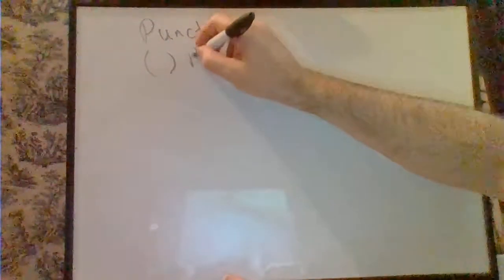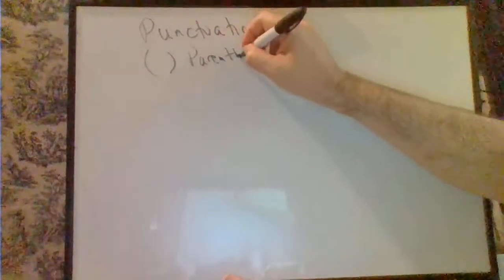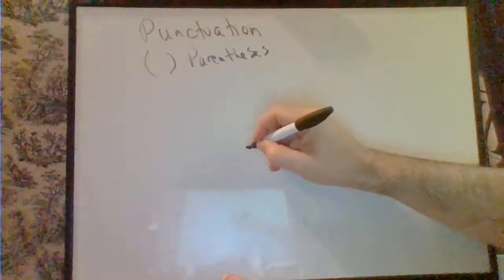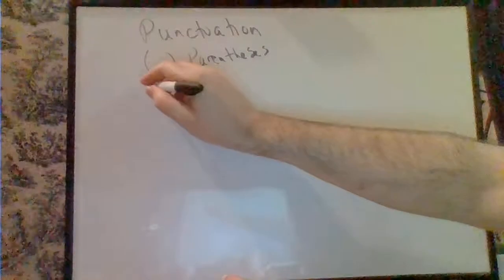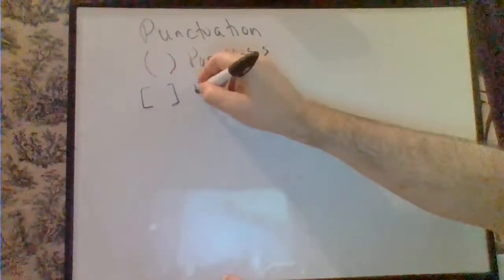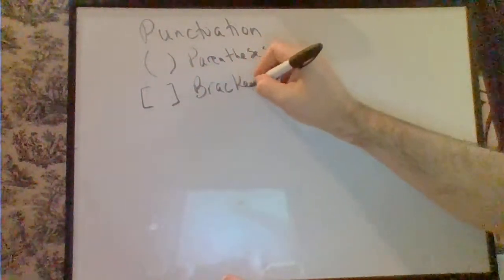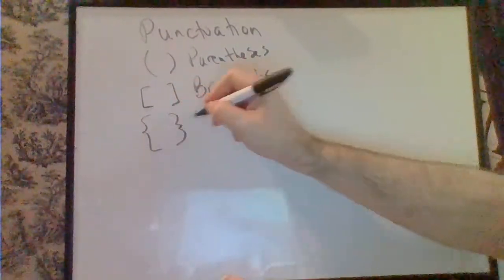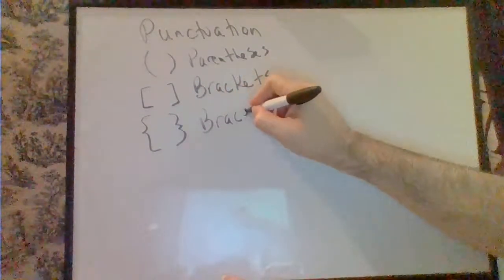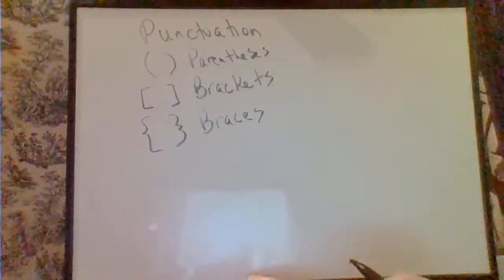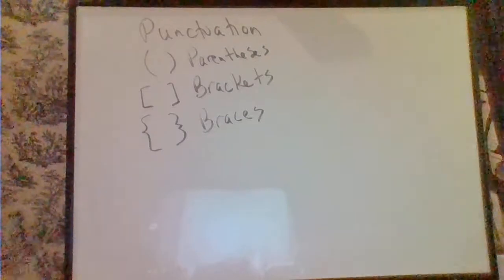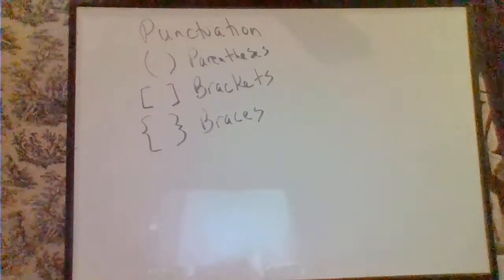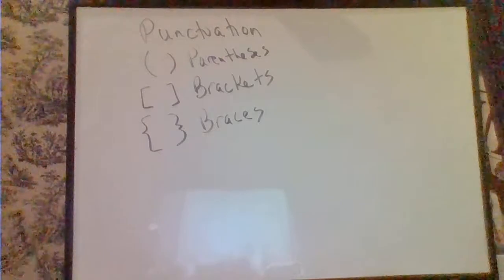The first one is a parenthesis. That's the most common, that's the one you're going to be dealing with the most. We also have brackets, and finally, and very seldom used, braces. Okay. So those are the three forms of punctuation that are used in propositional logic: parentheses, brackets, and braces.